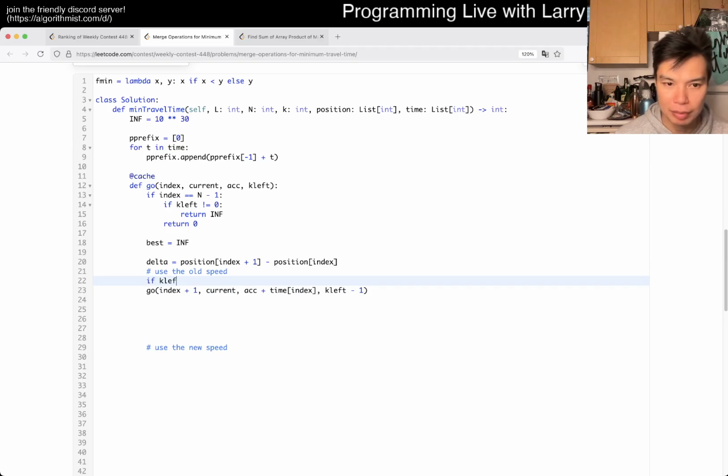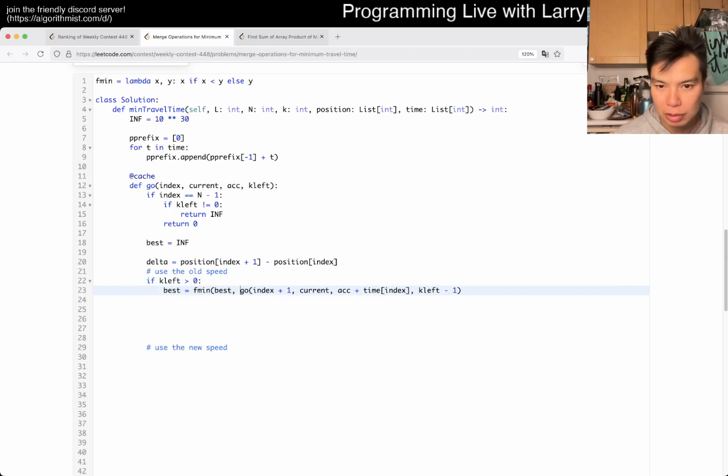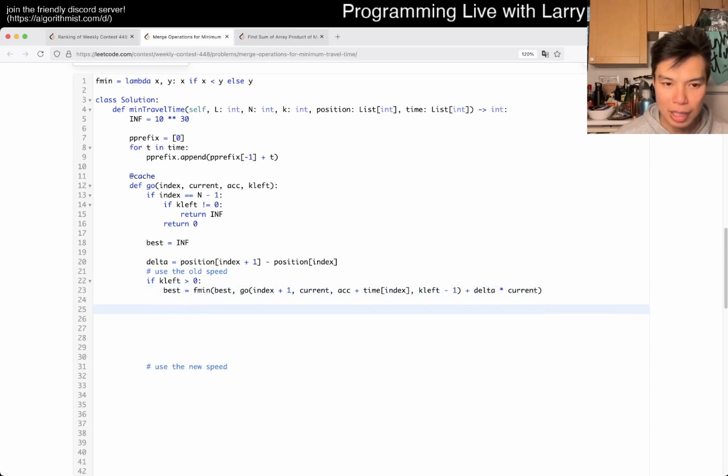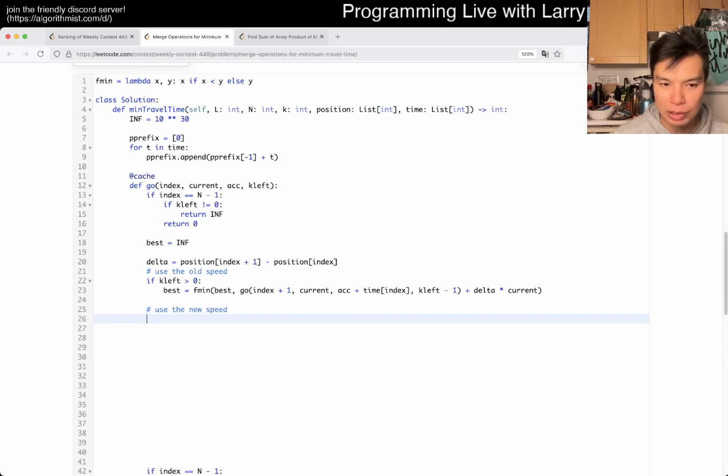So best is equal to f min, best go this plus the delta times current, right? Okay, so then now we want to use the new speed because we don't skip. So use the new speed. It's going to be accumulate. New speed is equal to accumulator plus time sub.